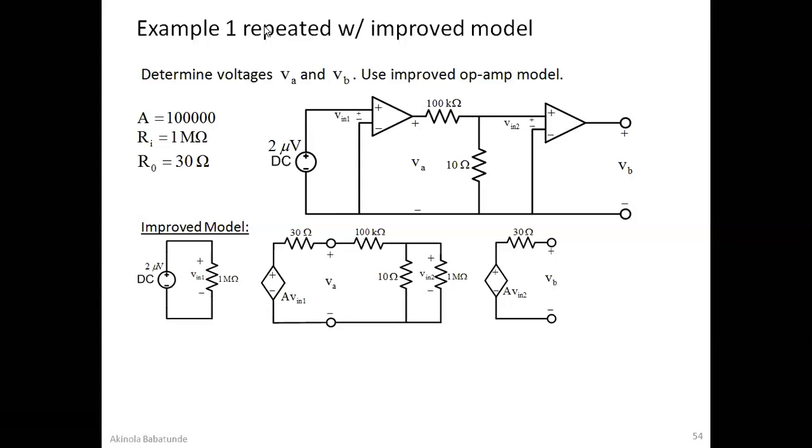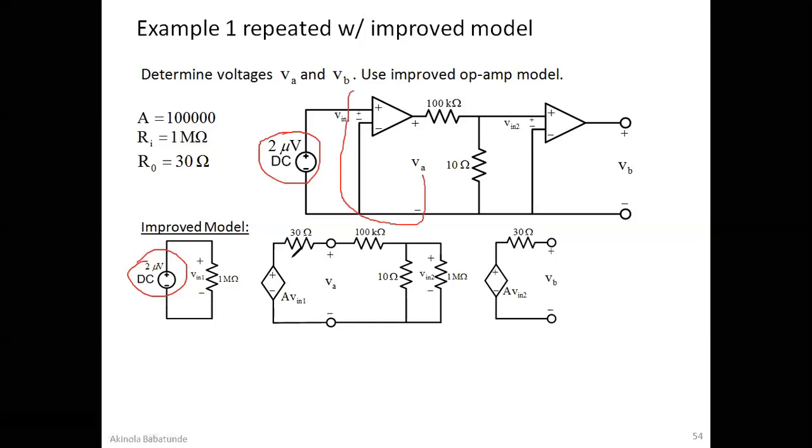This is our DC source, and this is the input V input here. And then, like we said, we are going to replace this entire op amp here. This is going to form a terminal, by the way. So this op amp as a whole will be replaced with a new model.